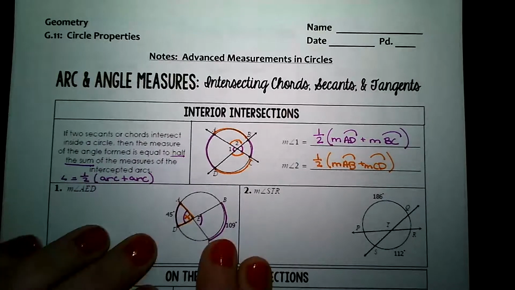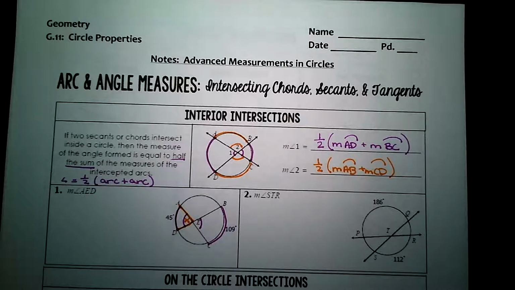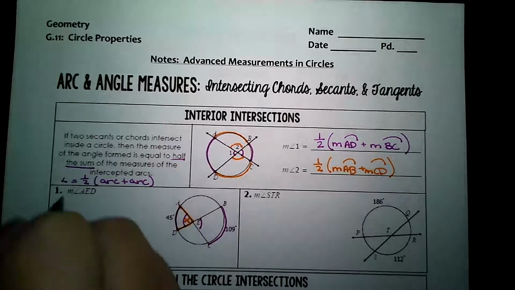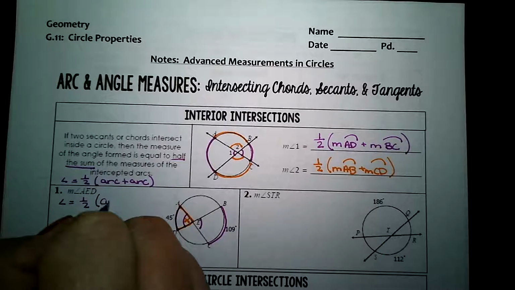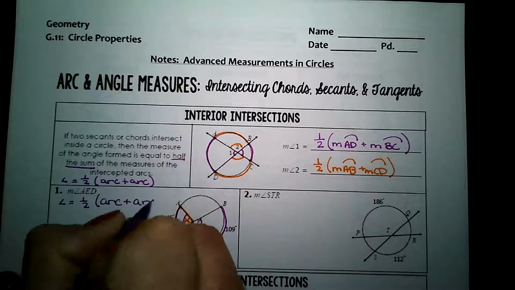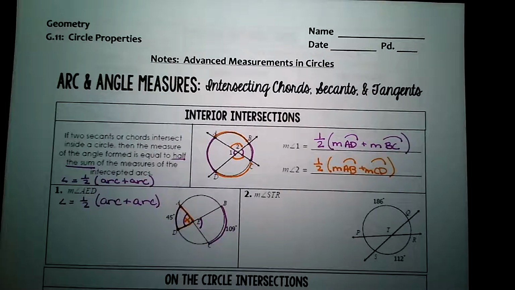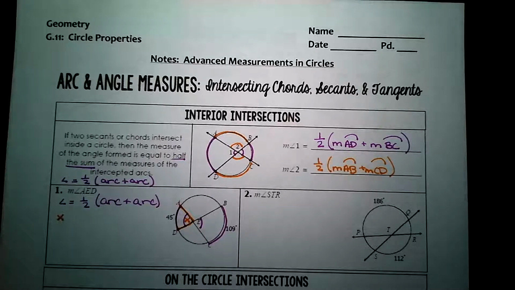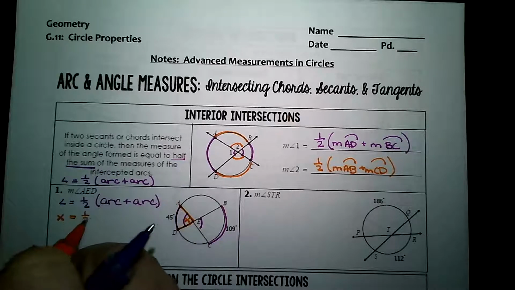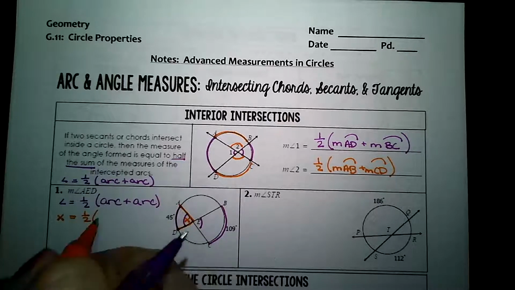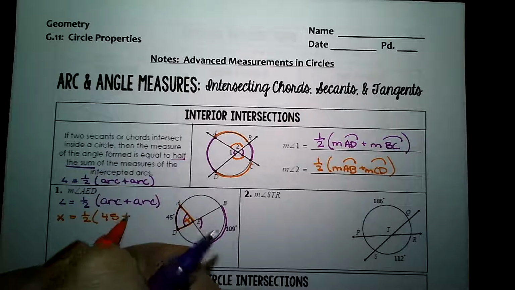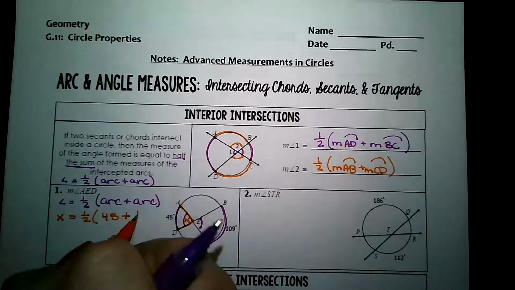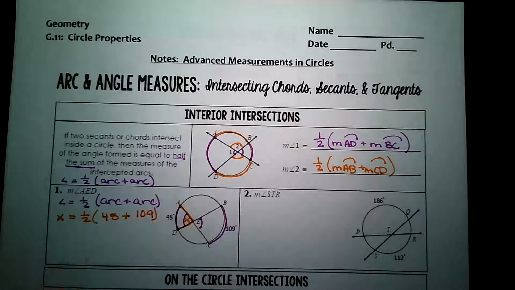These arcs have been given to us, and that's going to keep it simple. So if I'm following this pattern, the angle is equal to 1/2 of the sum of the two arcs. Then I'd set up like this. The angle is what we're looking for, so we're looking for X in the angle position, and that is equal to half of arc number 1, 45 degrees, plus arc number 2, 109 degrees.